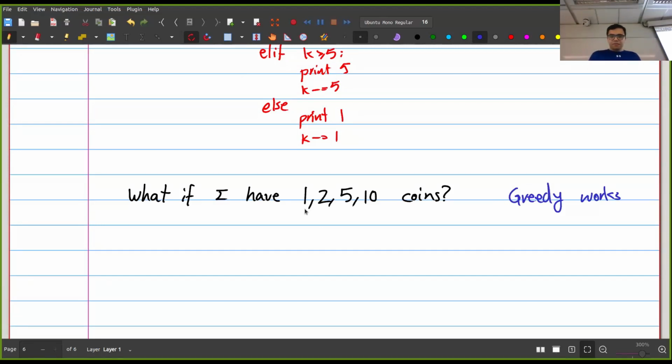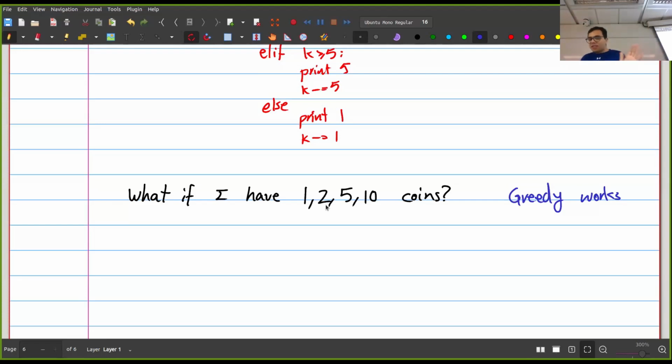Would I ever pay more than two $2 coins? It is possible. So for example, if I want to pay $6, just pay three $2 coins, right? But you're already seeing that's not optimal, right? So if I have three $2 coins, I can take them out and replace them with a 5 and a 1.